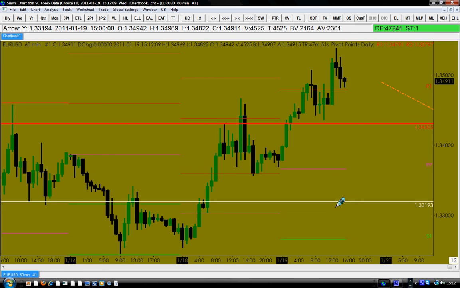The M2 is the middle line between the S1 and the central pivot level. The M3 is the middle line between the central pivot and the R1. And the M4 is the middle line between the R1 and the R2. The price is now somewhere near the M4, up here, because I couldn't see my R2 on this chart. So you will monitor the price carefully here.